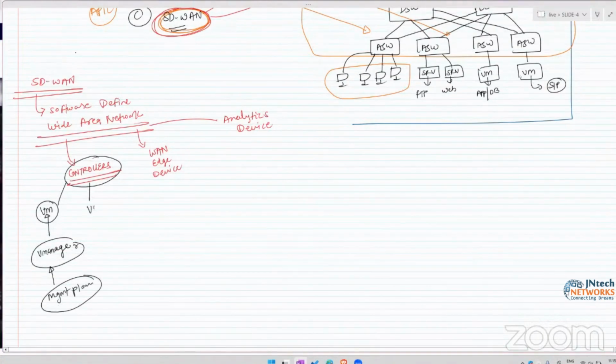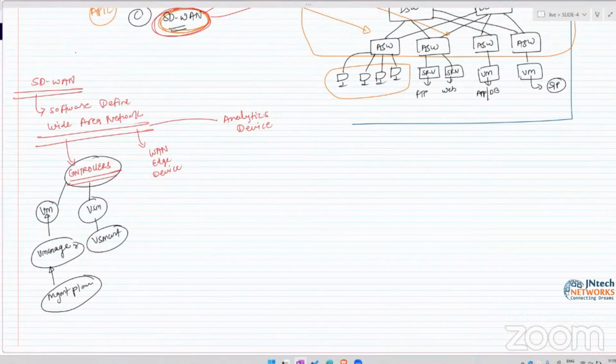Now, second controller is vSmart. So why do we use vSmart? If you are getting any updates, any routing, any policy, any path manipulation, any filtering, any load balancing scenario, we can perform it on vSmart. So vSmart will handle your control plane separately.